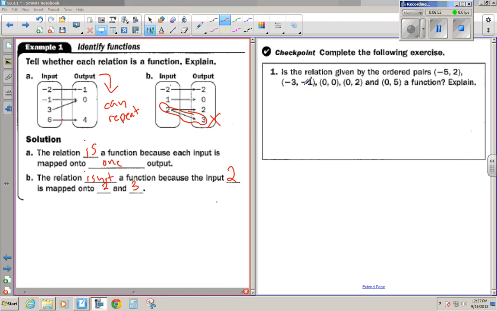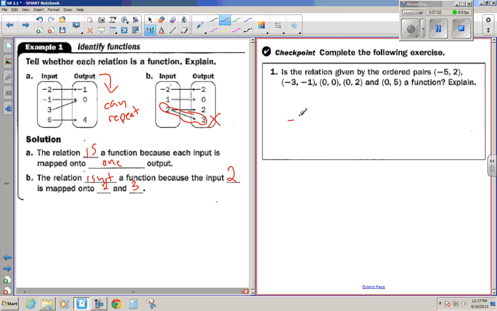So for the checkpoint, is the relation given by the ordered pairs here a function? You could do mapping if you wanted. Negative 5, negative 3, 0. That's the input. The range is 2, negative 1, 0, 5.